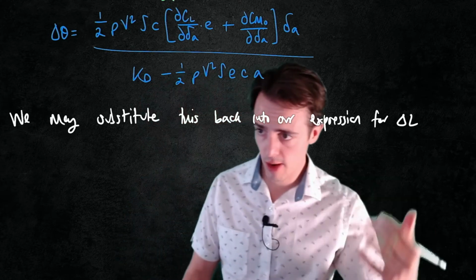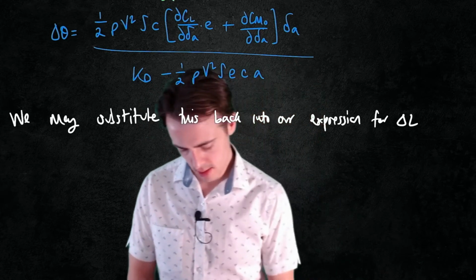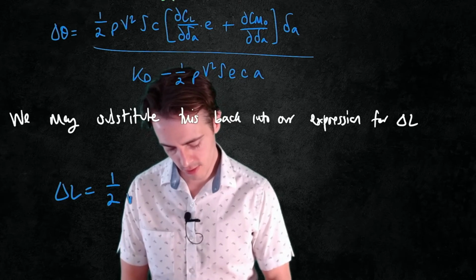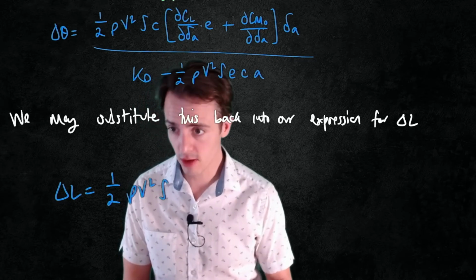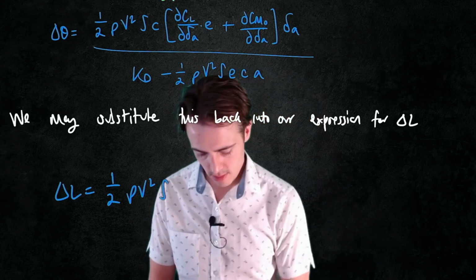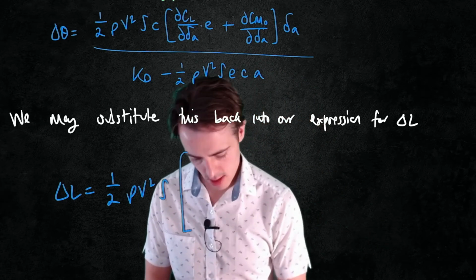So putting it back into our expression for delta L, we're going to get delta L, the change in lift, half rho v squared s, and then a very nasty expression in here.